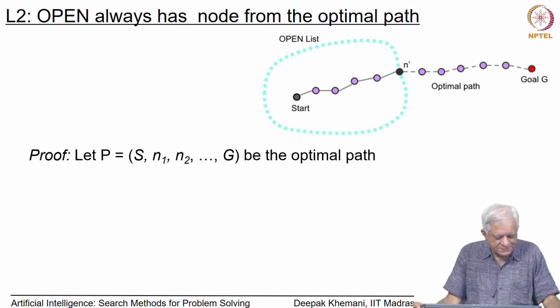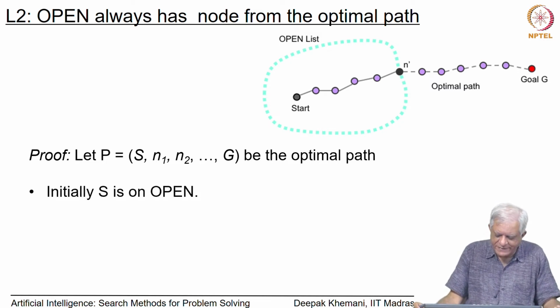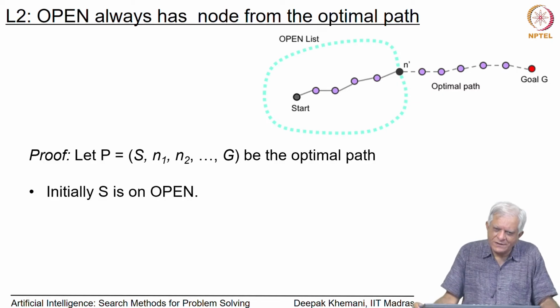Now, initially S is added onto open, because that is how the algorithm begins, by looking at the start node, which means that we have a node from the optimal path on open, and that node is S. In fact, initially open contains only S and nothing else.